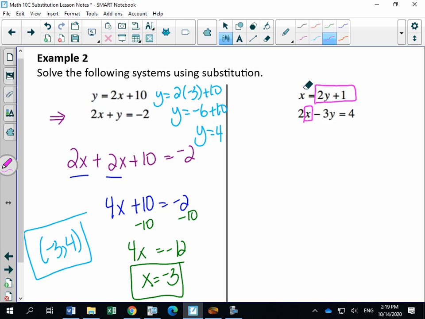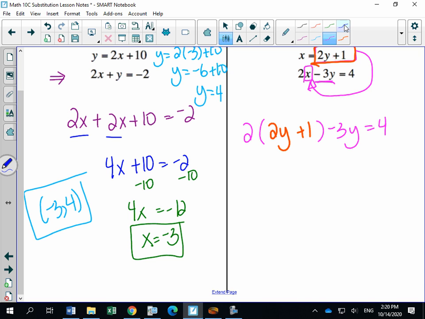Because I solved for x, where that would get substituted into, it's always the other system. So it would be 2 times what x is. So x is this guy here, 2y plus 1. And then I'd have to put this minus 3y, because I'm dealing with the second system now, is equal to 4.